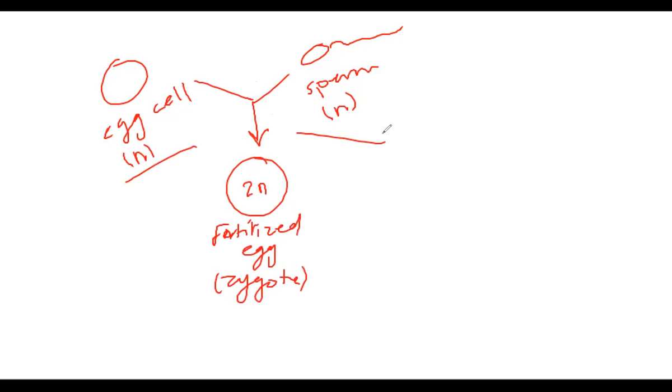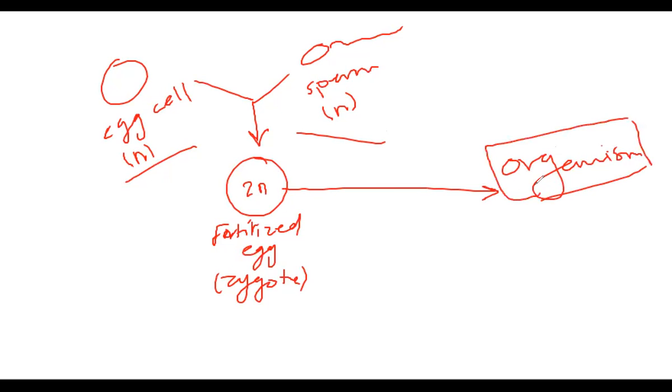Now the question is: you, me, and any animal start as just one cell. Later they will become a complete body or organism. This organism, of course, contains many cells, many systems, and many tissues. So how is this one cell going to become this organism?